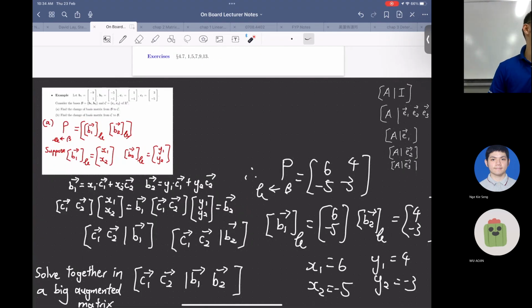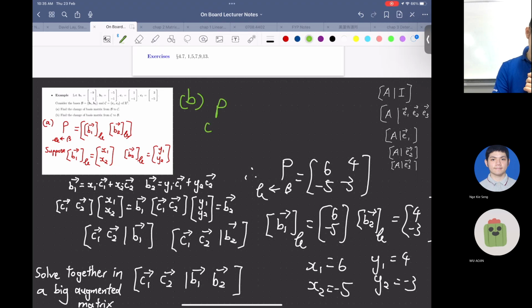Oh, inverse. Wow, very good. The quickest way is to use inverse since you already have B to C. So C to B is just the inverse of B to C.